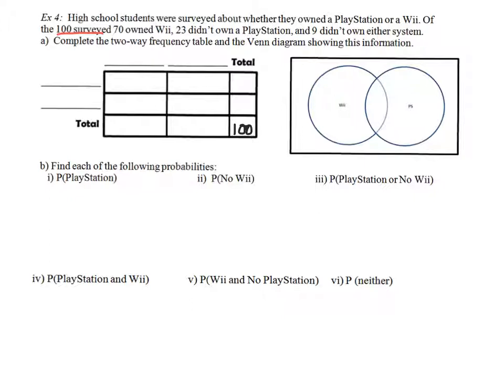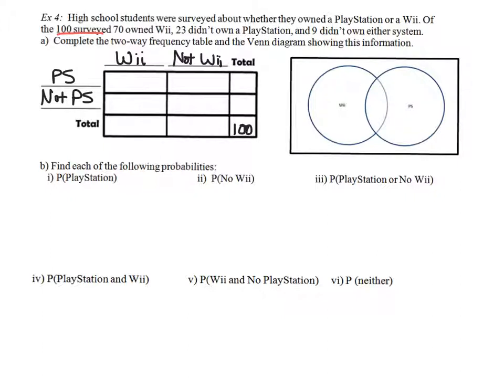Now, what do we have to have? We have to have one direction be Wii, the other direction be PlayStation. So of course this will be the not Wii, and this will be the not PlayStation. I'm going to fill out the table by looking at my information.